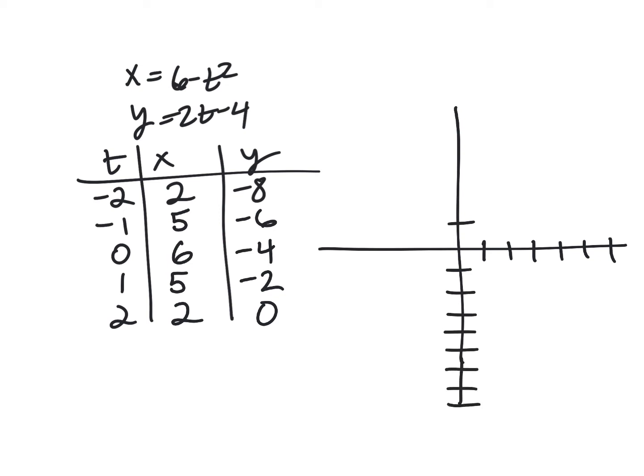So we start at 2, -8. Then we go to 5, -6. Then 6, -4. Then 5, -2, and then 2, 0. And you can see what's going on, right?